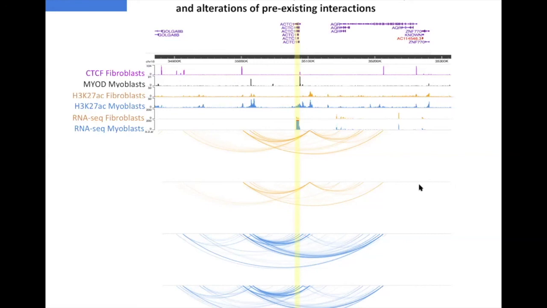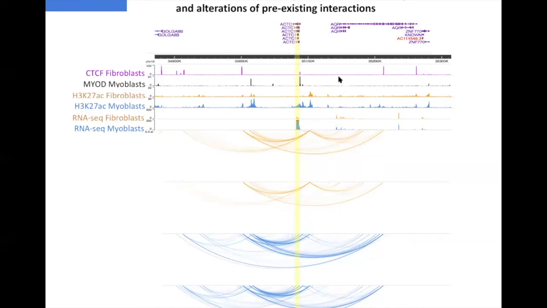We have to believe that this is the only perturbation in these cells. The only perturbation is the expression of MyoD and the binding of MyoD. Of course, there is a simultaneous binding of MyoD to these enhancers, which leads to the hyperacetylation and therefore the enhancer activation.